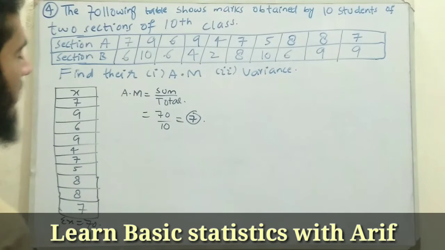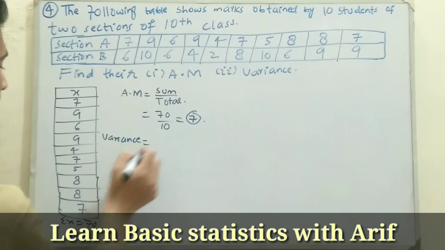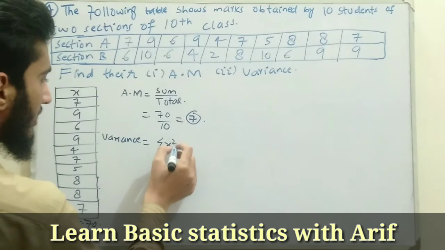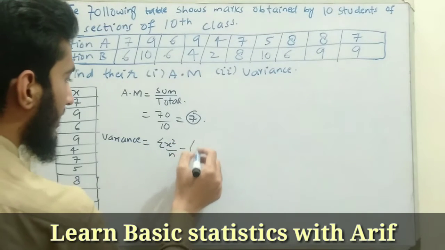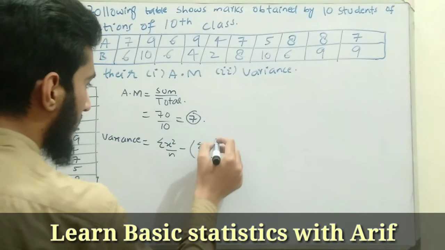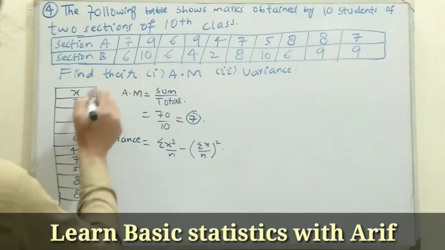Now we are going to find the variance. For ungrouped data, variance is equal to sigma x square divided by n minus sigma x divided by n, whole square. So first we are going to find x square.